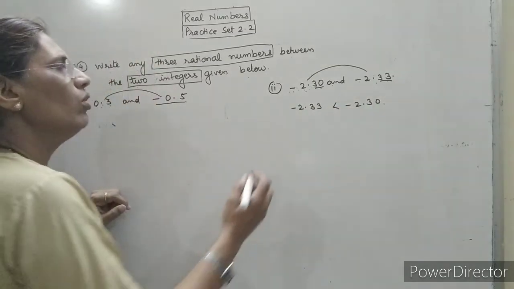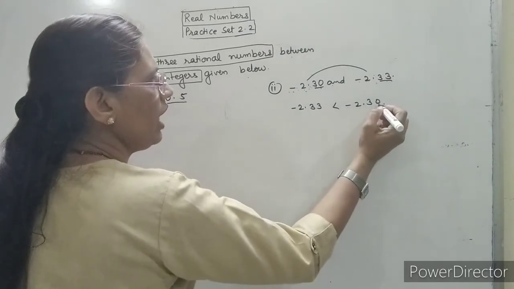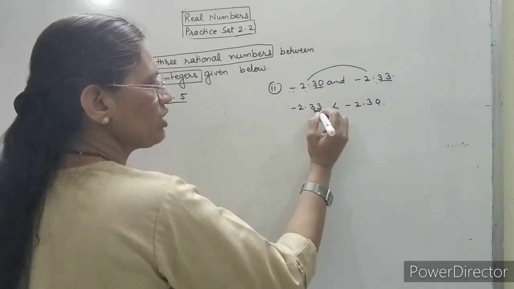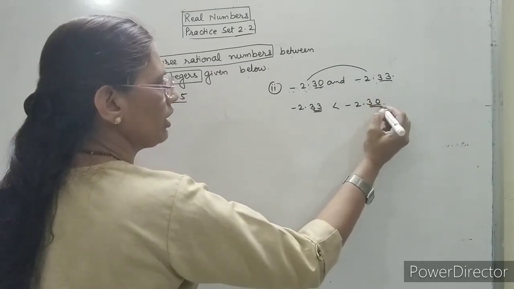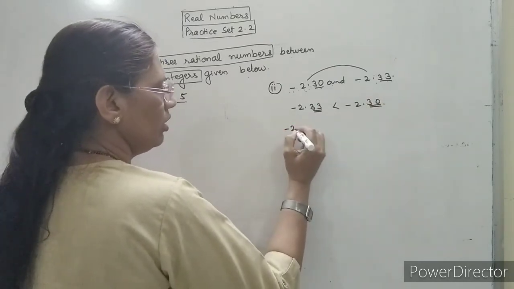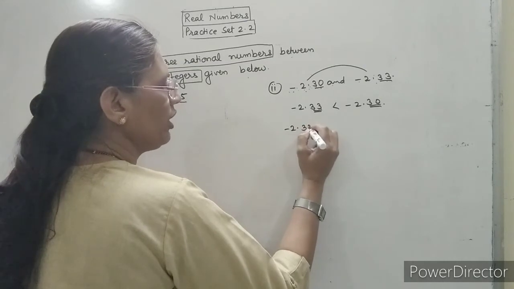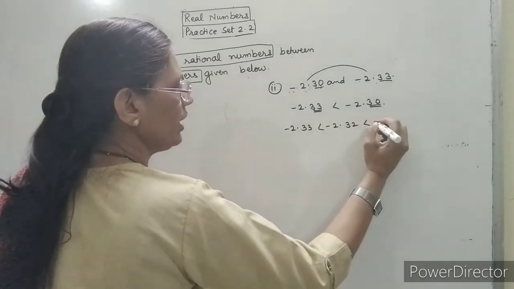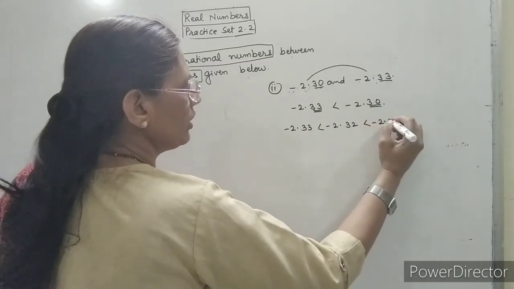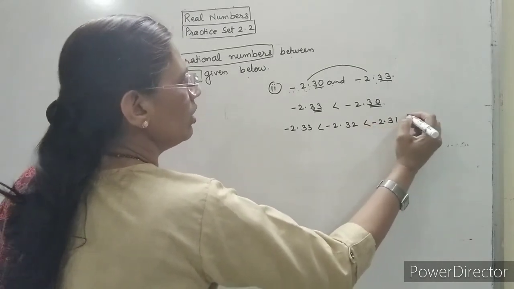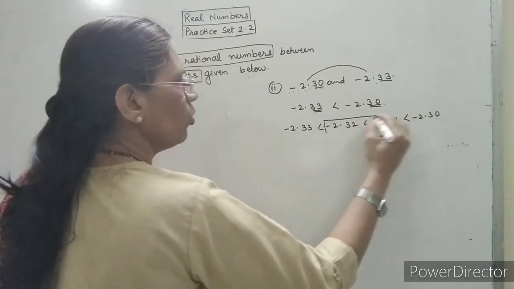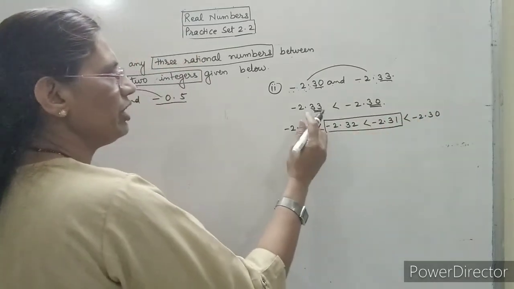Right? Now if I write negative 2.33 is less than negative 2.32 is less than negative 2.31 is less than negative 2.30, here I am getting only two rational numbers in between these two.